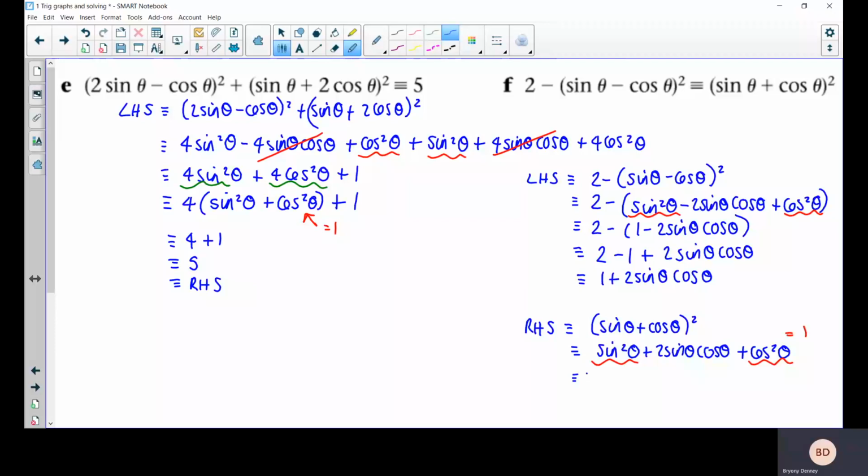So I'm going to be left with 1 plus 2 sine theta cos theta. And as you can see, I've got the same thing now. So the left-hand side became 1 plus 2 sine theta cos theta, and the right-hand side became 1 plus 2 sine theta cos theta. So the left-hand side is equal to the right-hand side. So something different to trigonometric proof, something different to what we've seen so far.